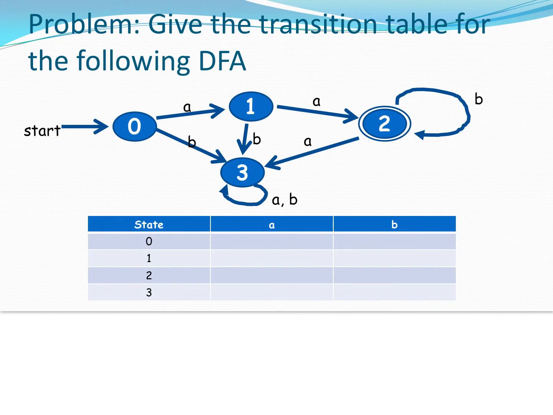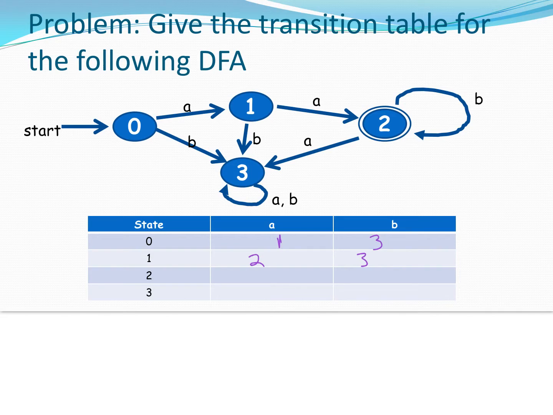So here you go, another problem. Let's just figure out the transition table for this DFA. So fairly straightforward, right? If I start at state 0 and I see an a, I will end up at state 1. If I'm at state 0 and I see a b, I am at state 3. If I'm at state 1 and I see an a, I end up at state 2. If I'm at state 1 and I see a b, I'm also at state 3.